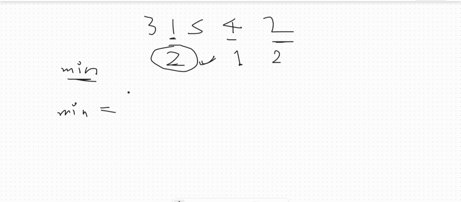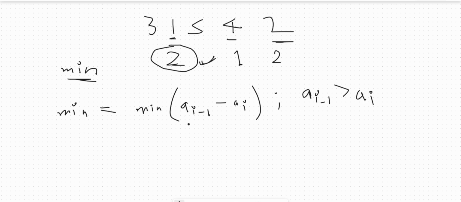is equal to the minimum of all differences, this is ai minus 1 minus ai, right? Such that ai minus 1 is greater than ai.